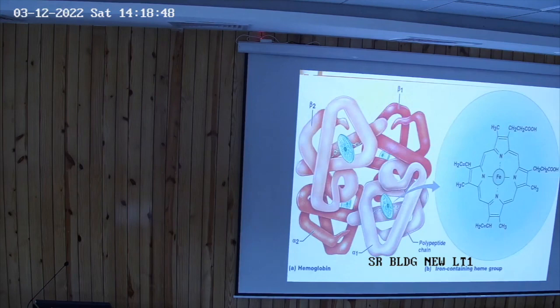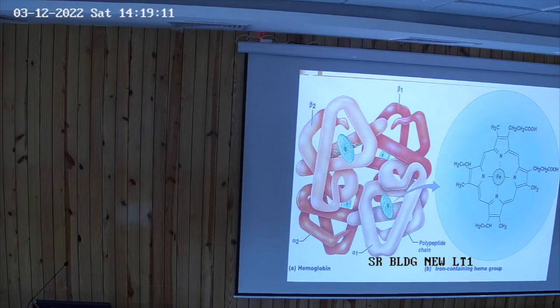We can see the 4 chains present: alpha 1, beta 1. The top one is beta 1, beta 2, alpha 2, alpha 1. This is the heme structure which is attached to the globin chains. This is the detailed structure. You can see the 4 pyrrole structures.